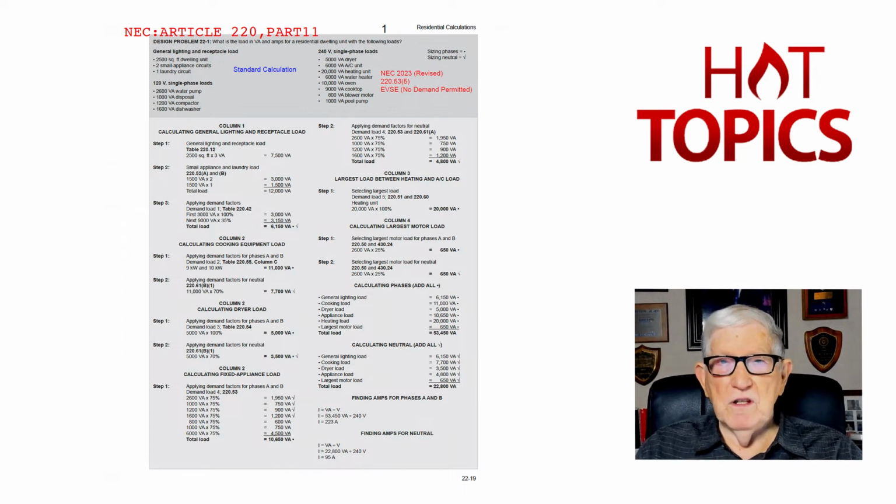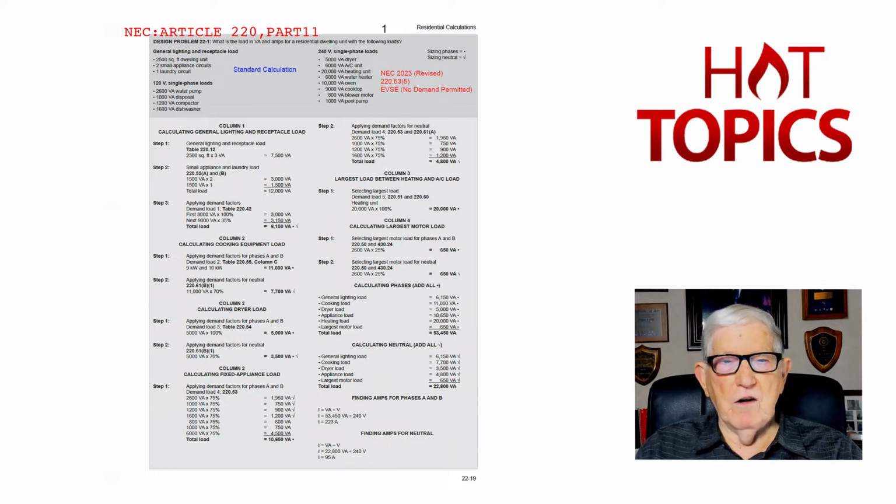As you see in the information, we have a total of 9 kW and 10 kW, giving us 11,000. We would pick up 220.61B1, and we are allowed 70% of that for the neutral. And you see it's a check mark there with a dot for the phase-to-phase, 7,700.